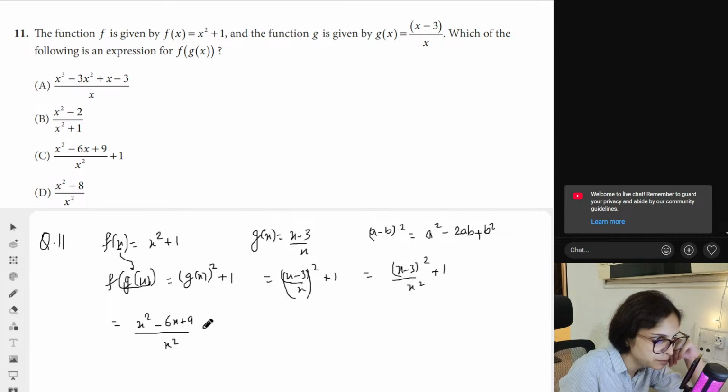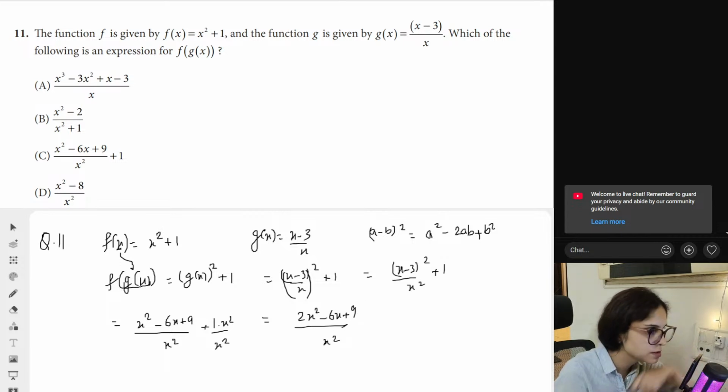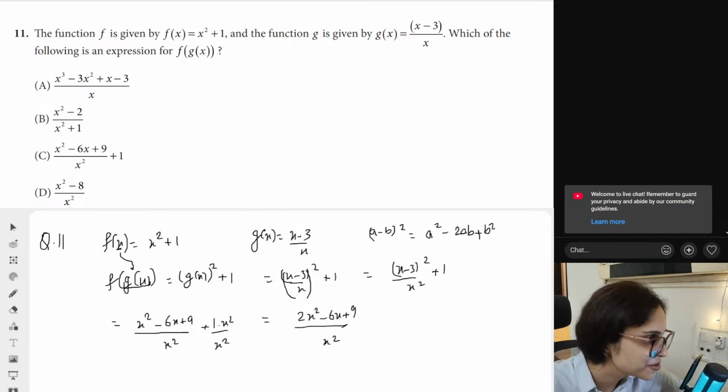This is x squared plus 1. And now we'll multiply with x squared both top and bottom because that is the LCD, lowest common denominator. So x squared plus x squared becomes 2x squared. It is 2x squared minus 6x plus 9 over x squared. This is our answer. Oh, option C is already given to us, so we do not need to do it.